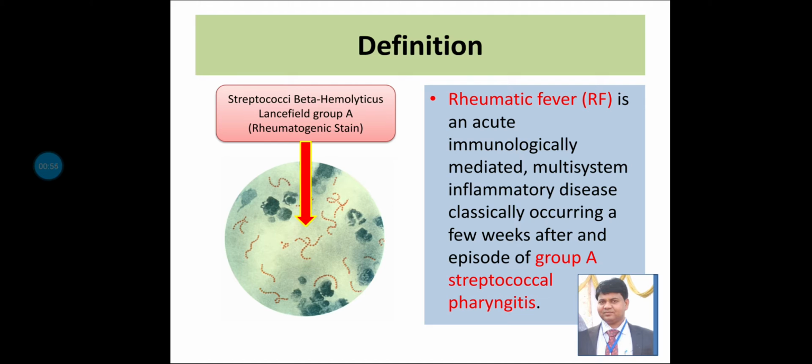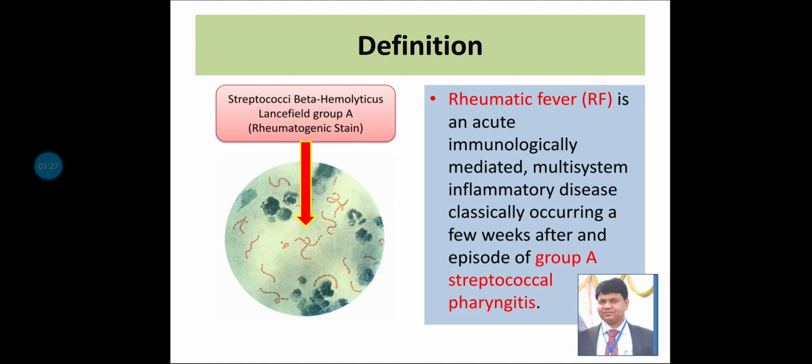So here we can see in the diagram that the streptococci are present in elongated chains, and these streptococci are of Lancefield group A, and they produce a strong hemolysis on blood agar. So they are called beta hemolyticus, and these streptococci should be of rheumatogenic strain.